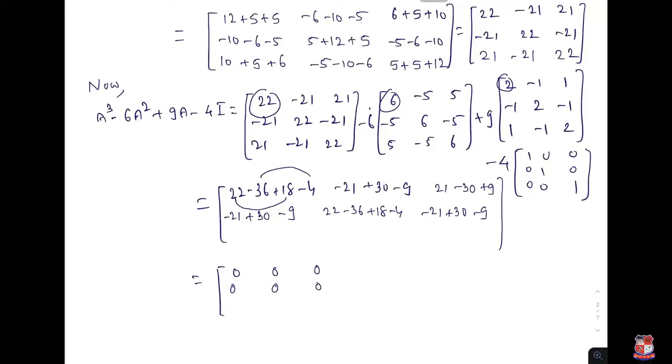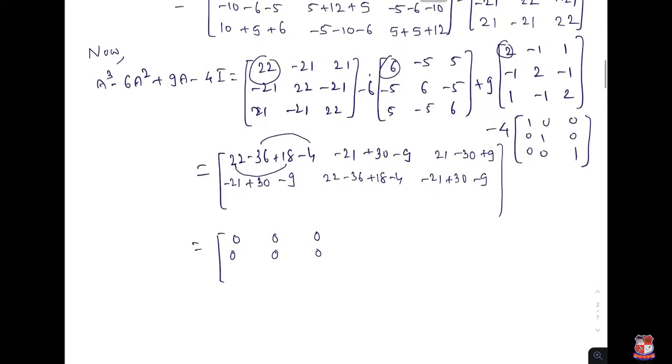Third one here, this one, so this is a 21, then minus 30 and plus 9, so that is also 0.